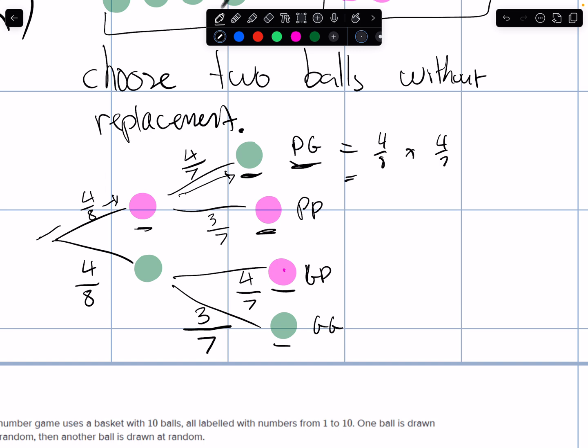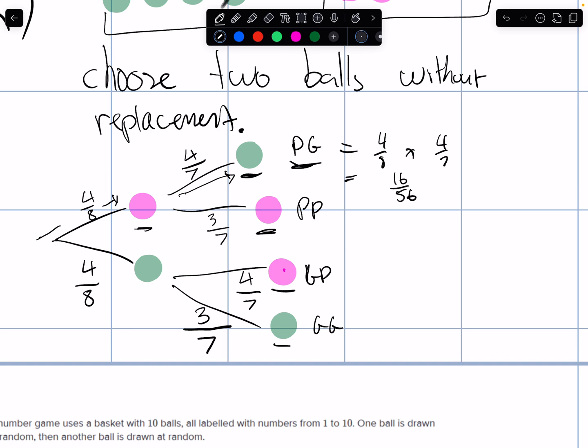And that is equal to 16 over 56. Well, let's just keep it as that for now. I don't have my calculator on hand, so I can't figure that out fully.